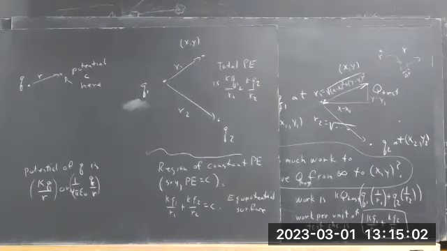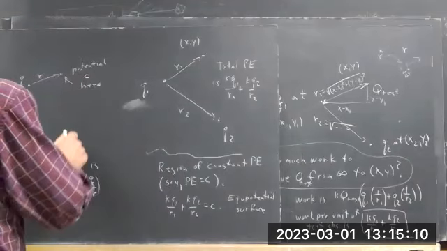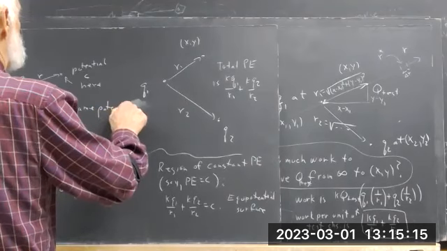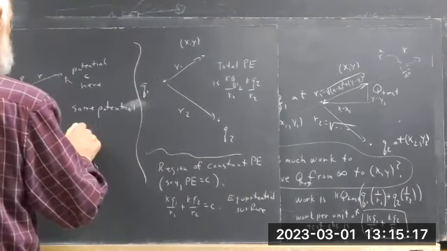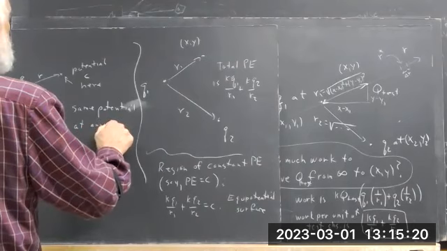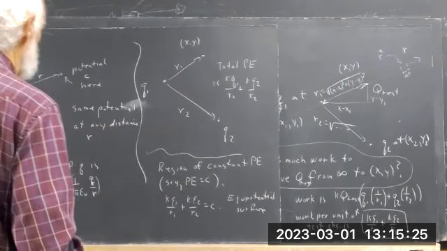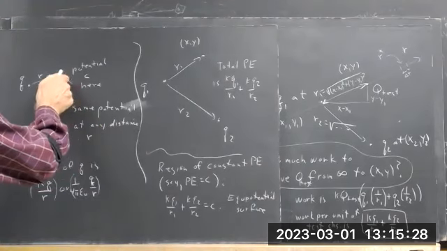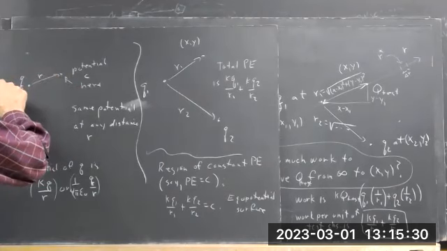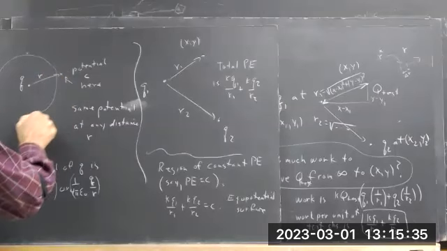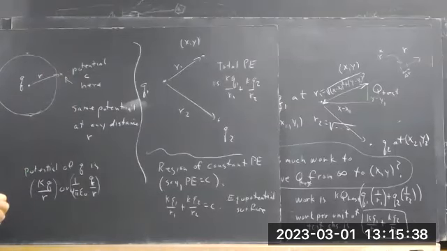Yes, it's all points at distance R. So we can sketch points, all at distance R, around here so I get a reasonable circular picture.